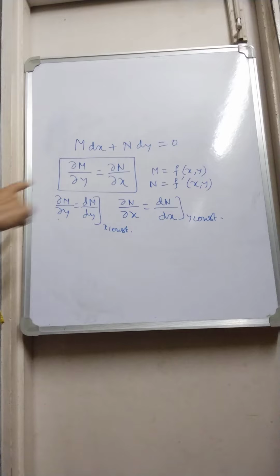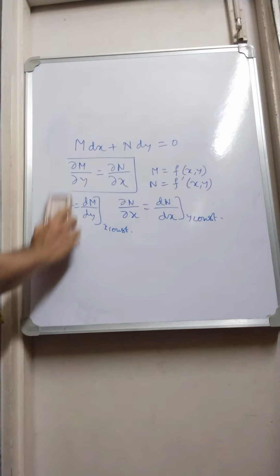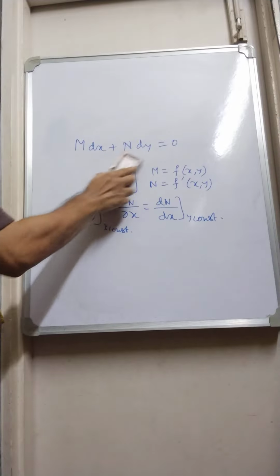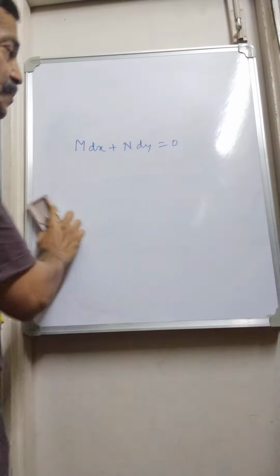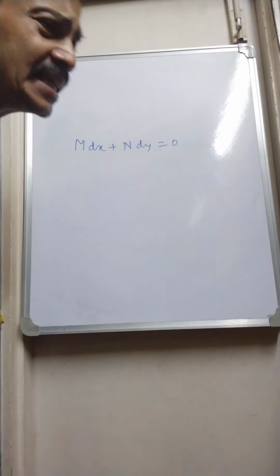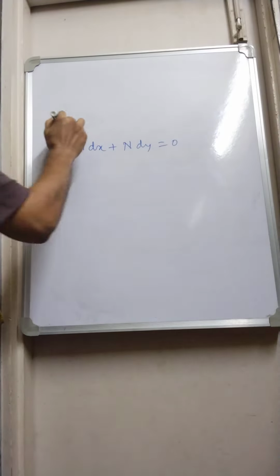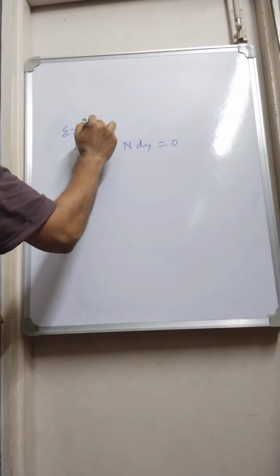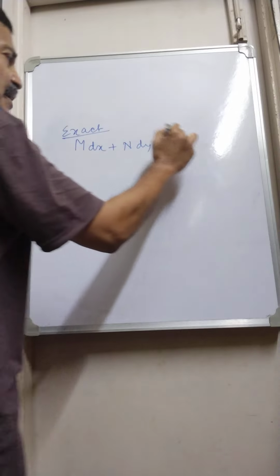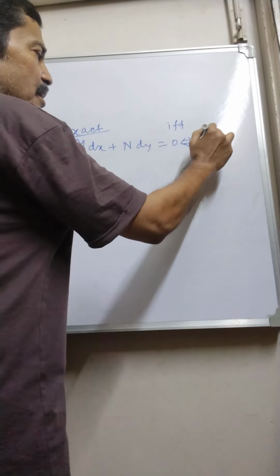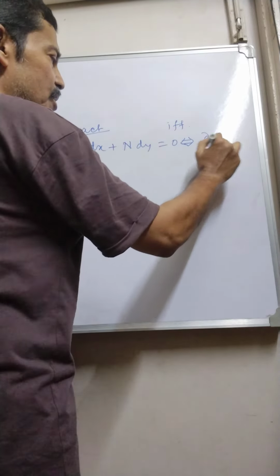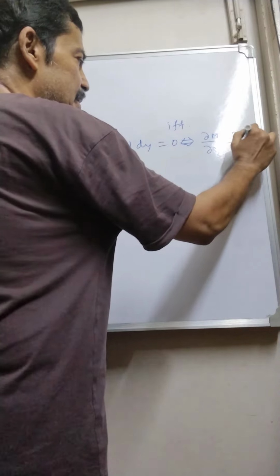Whenever we have ∂M/∂y equal to ∂N/∂x, this M dx plus N dy format is exact. And this is an if and only if condition. Why? Let us discuss this. This is exact whenever this if and only if condition, ∂M/∂y equal to ∂N/∂x, holds.